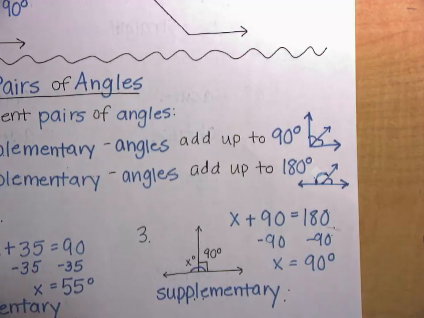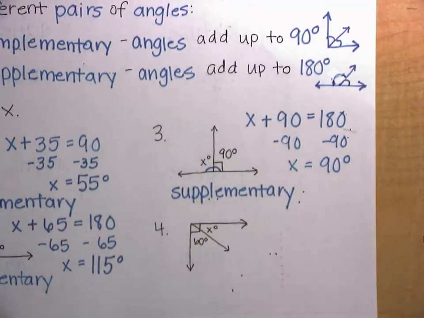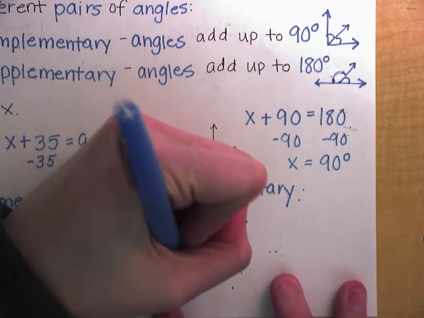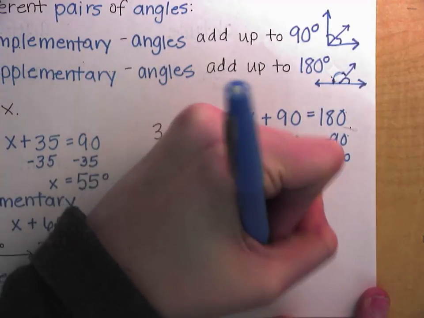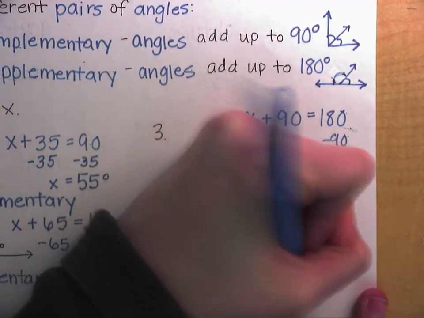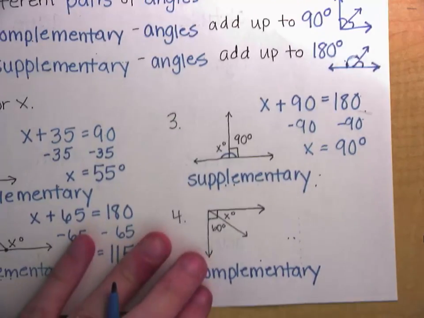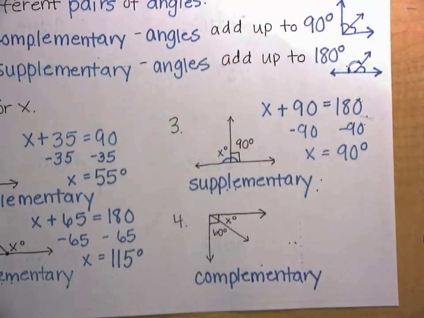Okay, let's do one more. What about this one right here? What type of pair is this? Why is it complementary? Okay, so complementary angles add up to what? Complementary angles, 90.